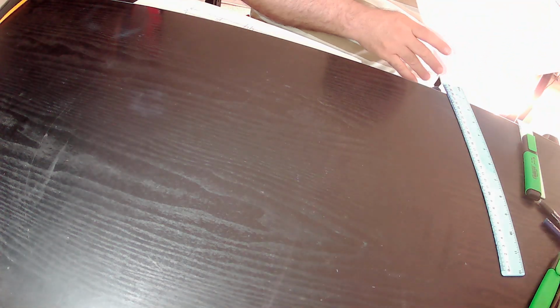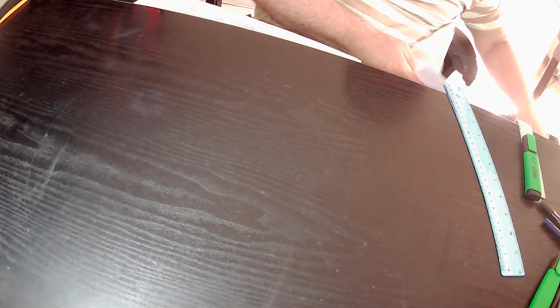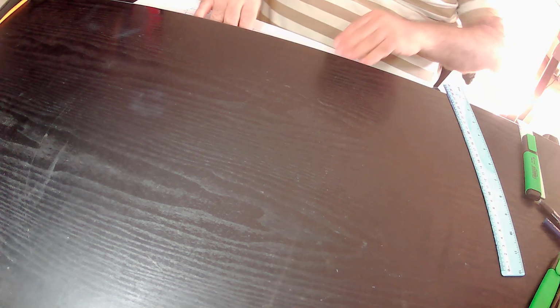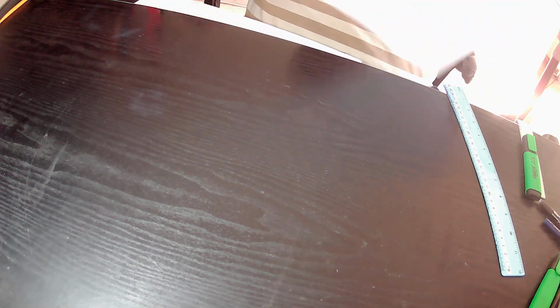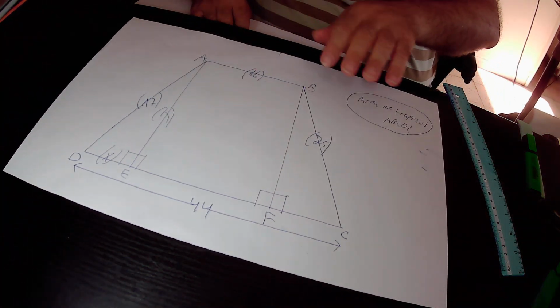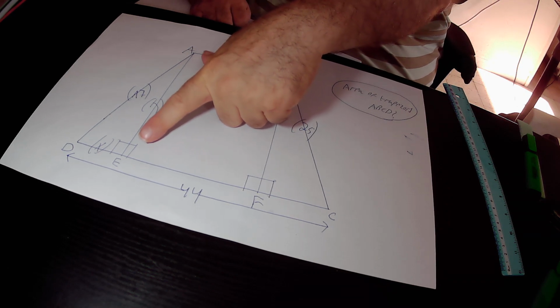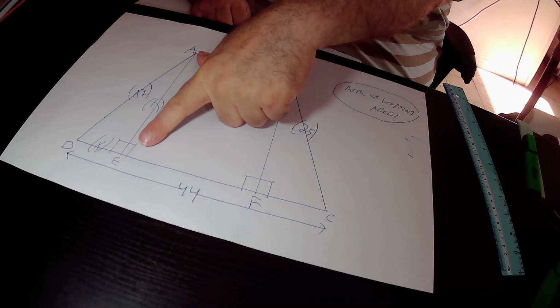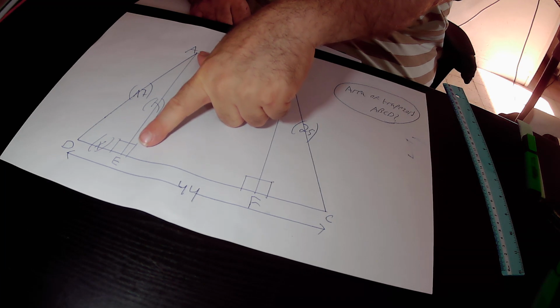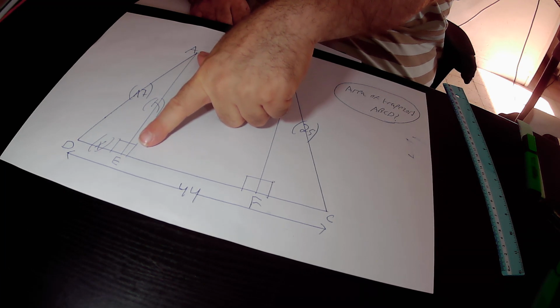So we can implement rule 16 in our drawing. Those two angles are both defined as one-sided interior angles, and therefore according to rule 16, the sum of those two angles is equal to 180 degrees.